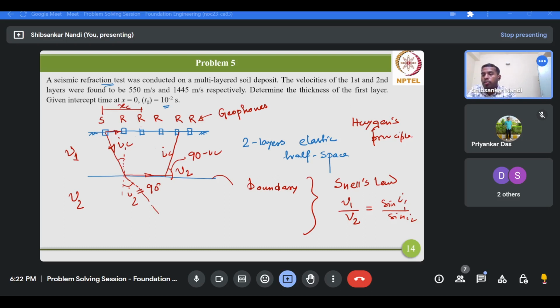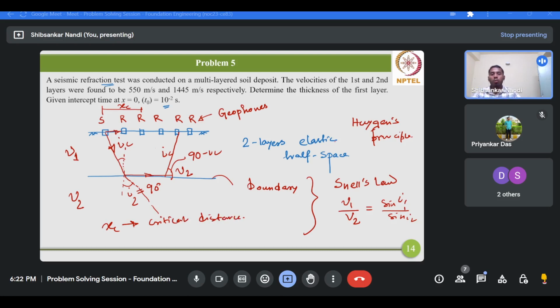All the receivers which are located below this distance, the direct wave will arrive first, and all the receivers which are located beyond this critical distance, the critically refracted waves will arrive first. So the determination of xc, the critical distance, is very much essential.